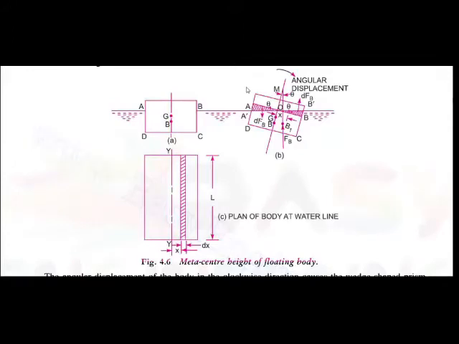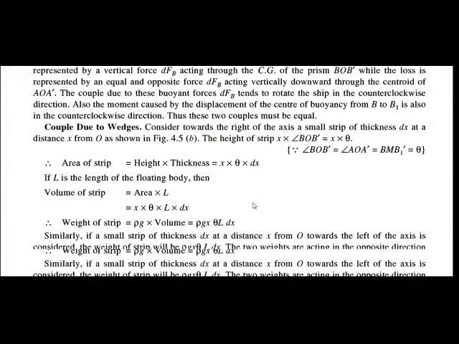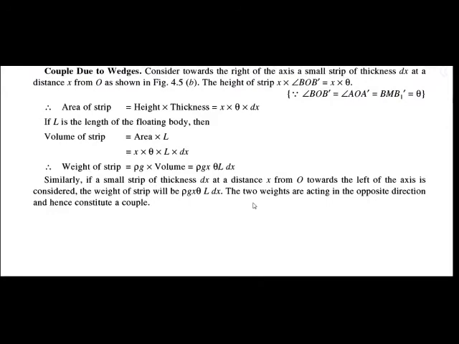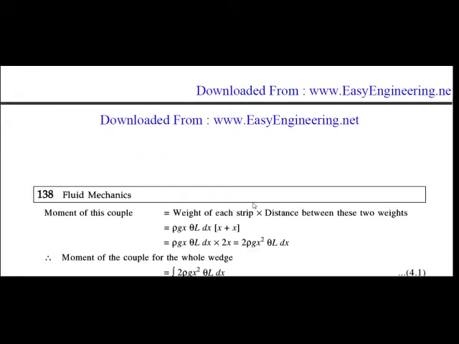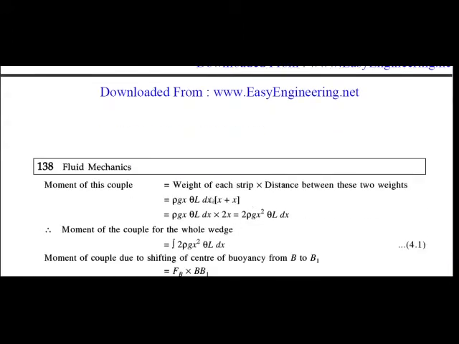So the weights are in opposite directions, and due to these two weights they constitute a couple. The moment due to this couple is equal to the weight of each strip into the distance between these two weights.